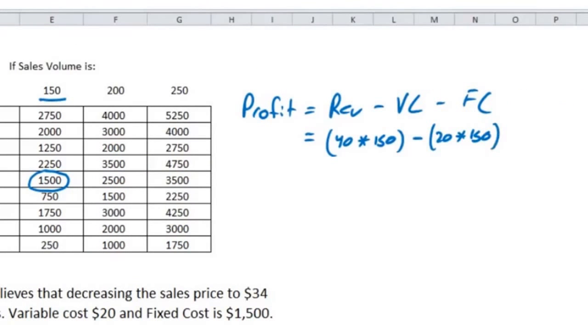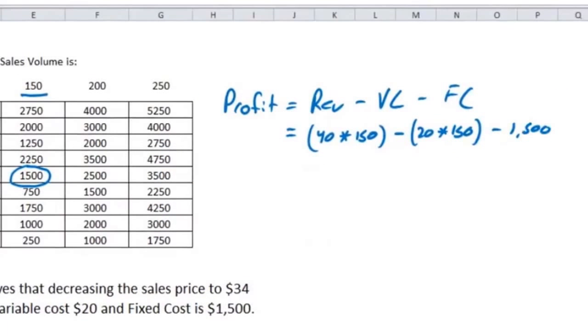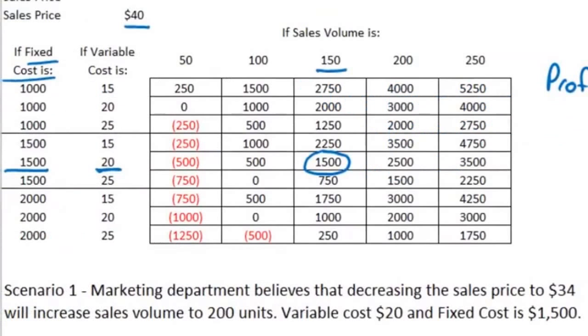We are selling 150 units, so 20 times 150, minus my fixed cost, which is 1500. If you work that out, you get a profit of $1,500, and that's what's in the cell. The same formula is in all these different cells.